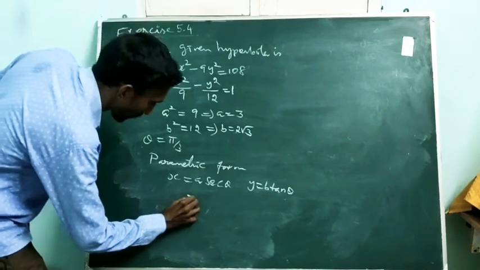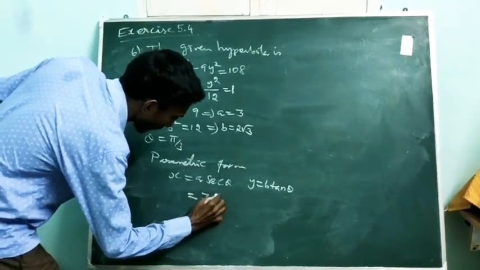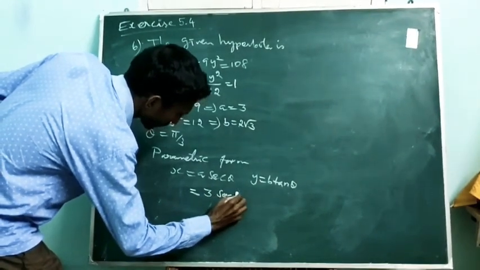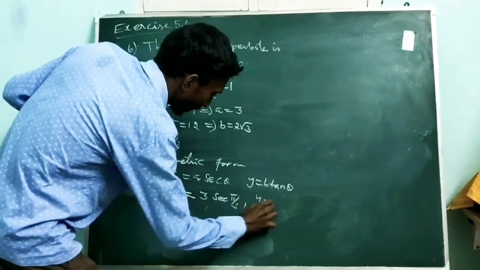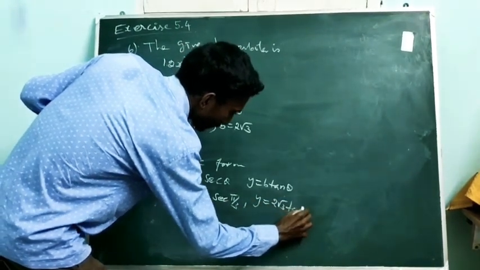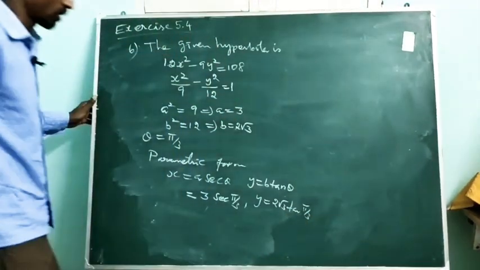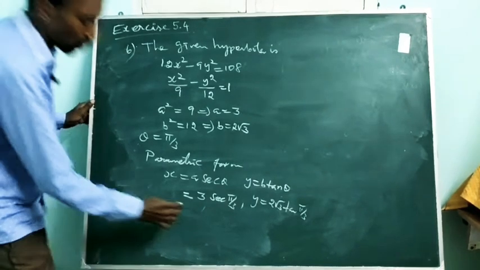So a value is 3. 3 into secant 60. Similarly y equal to 2 root 3 into tan 60. So secant 60 means reciprocal of cos 60, so that is 2.